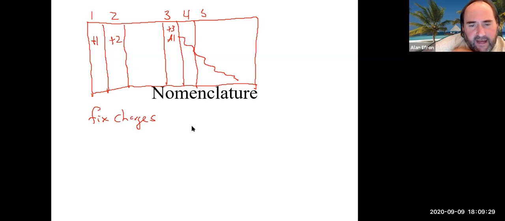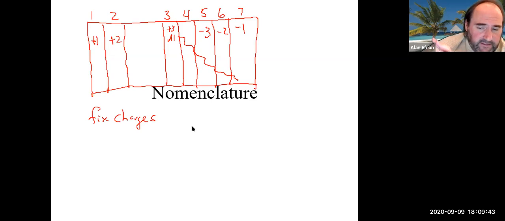In group five, the nonmetals will be -3. Group six, the nonmetals will become -2. And group seven, the nonmetals will become -1. Those are the nonmetals above the staircase and to the right, things like nitrogen, oxygen, and sulfur.